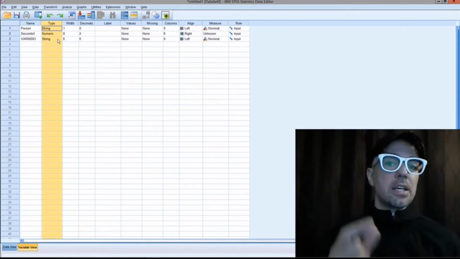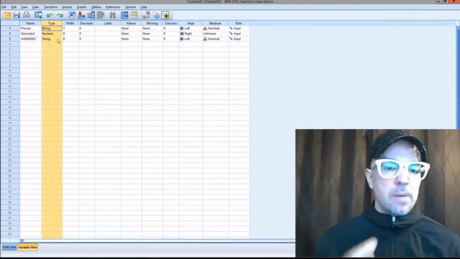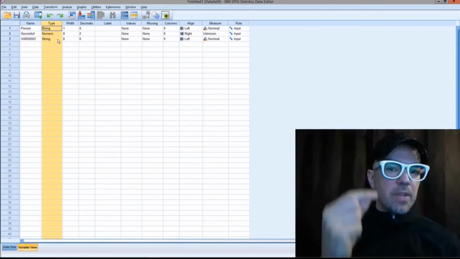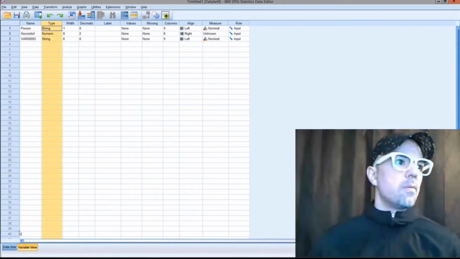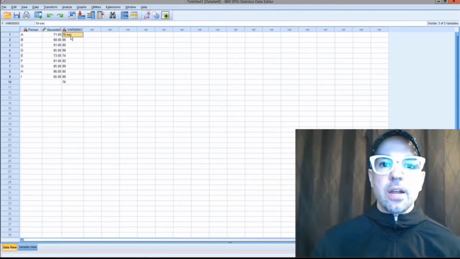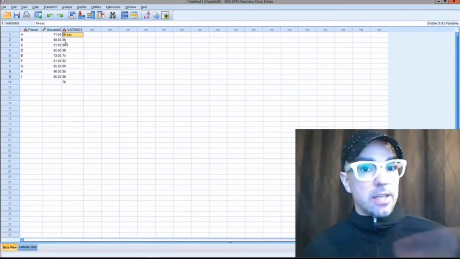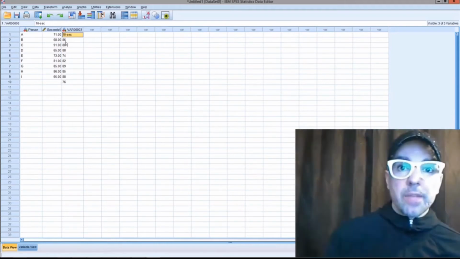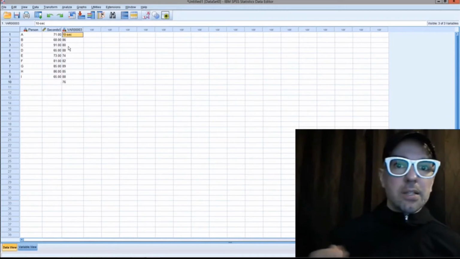So because it contains one score that is not a number, SPSS has decided that all of those entries are words. So this 10-sec, SPSS is considering that a word. And this 86 over here, that's not the number 86. That's the word 86. This 80 right here in the third row, that's not the number 80.